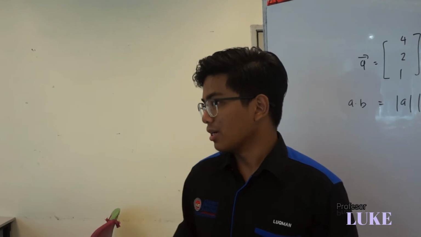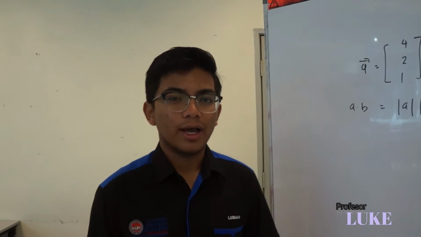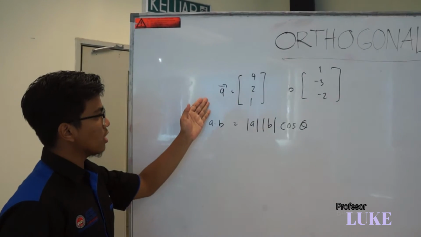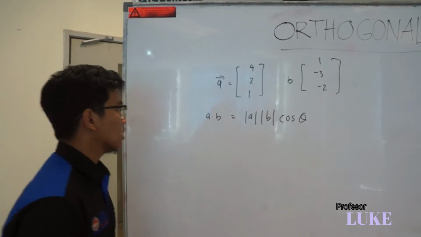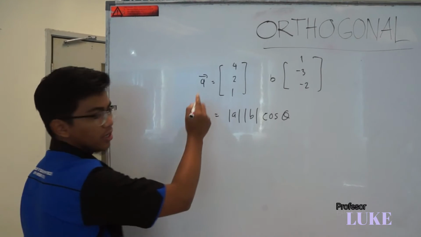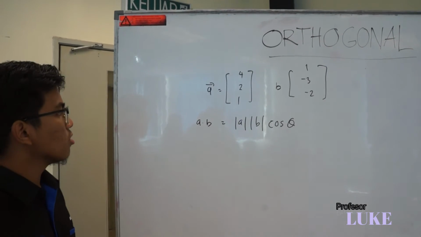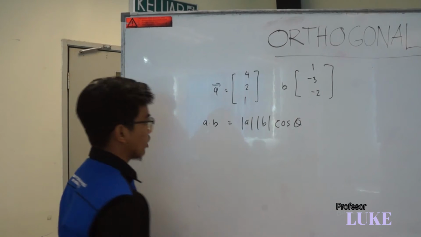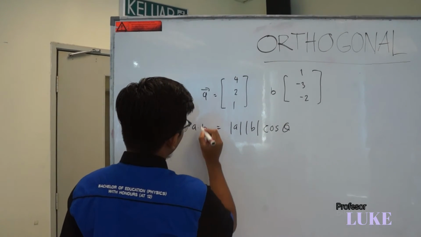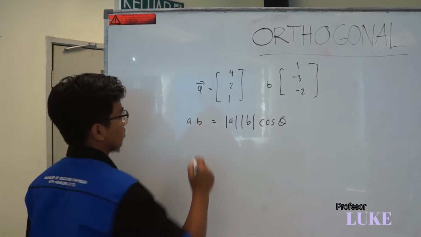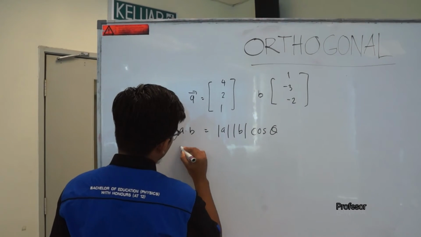To make it clearer, let me give you an example. We have vector A and vector B, and we want to see if these two vectors are orthogonal. We have to use the dot product. This is the equation of the dot product, and the dot product must equal 0. So let's get started.